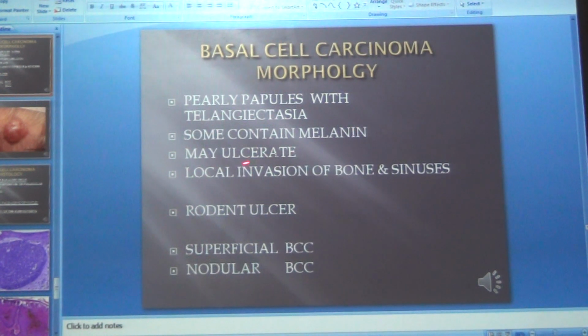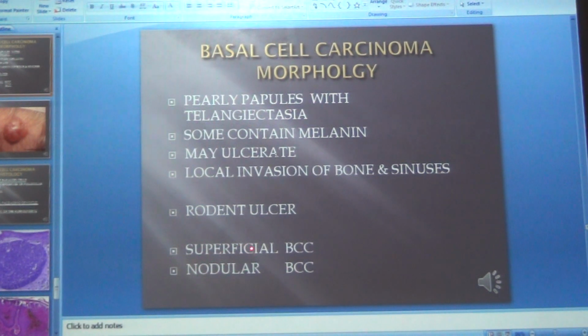They may ulcerate. If local invasion of the bone and sinuses, such as the maxillary sinus, occurs, this invasion by the ulcer is called rodent ulcer. Rodent ulcer is a name for basal cell carcinoma. It can be superficial or nodular.